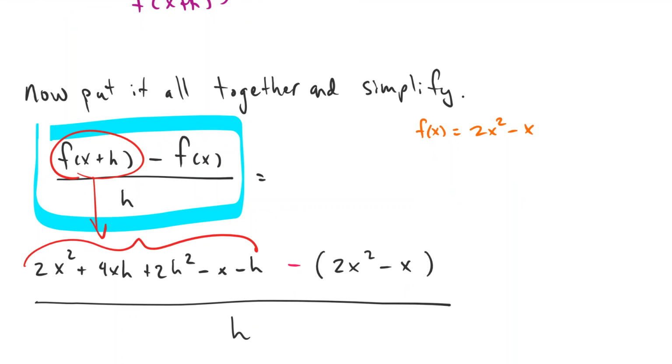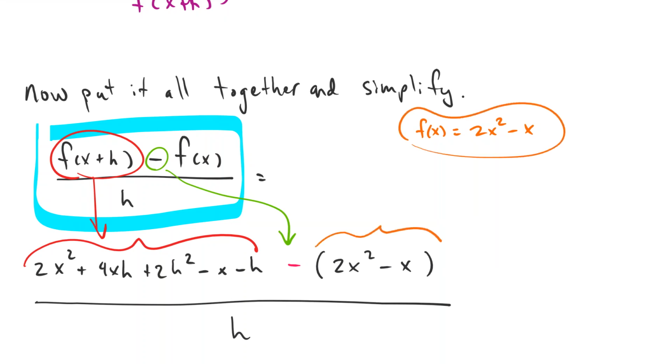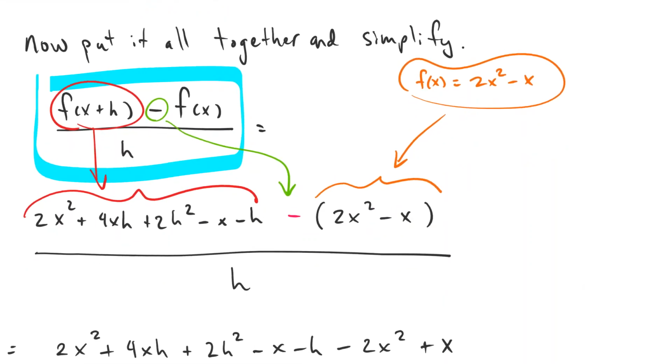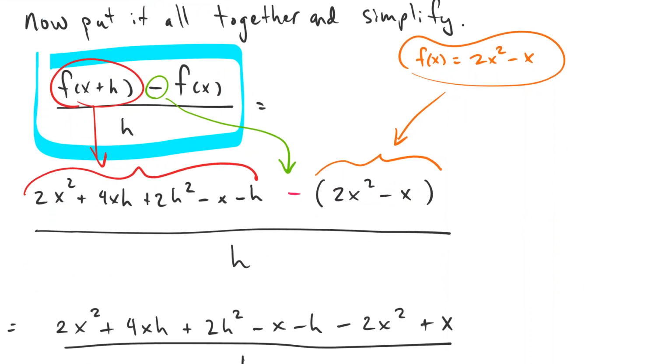We also know that our negative sign is right there, and we can see that our function is right there. So we have f of x plus h here, our minus sign there, and then we have f of x right there. And then we just have the h in the bottom, which we have. So we have the setup complete.